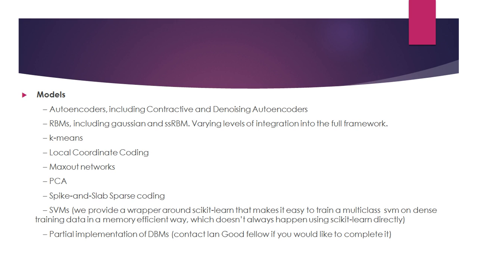K-means decides which point is nearest, finding the equivalent distance, and then estimates. Then there are K-means, PCA, the spike and slab sparse coding, and the SVM, support vector machine, for which we provide a wrapper around scikit-learn that makes it easy to train a multi-class SVM.